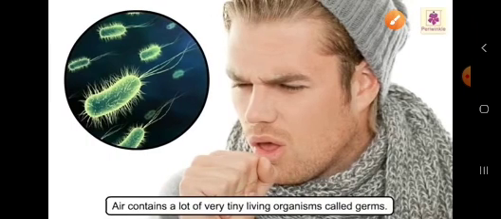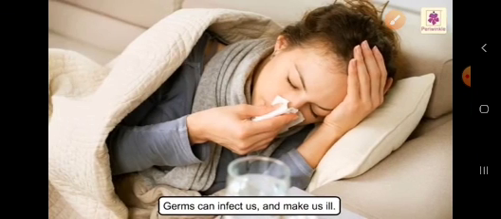Now, children, air also contains a lot of very tiny living organisms, which we have studied in our first chapter. Very tiny living organisms are called germs. When we sneeze or cough, we release these germs into the air and the air becomes infected. So air becomes impure.